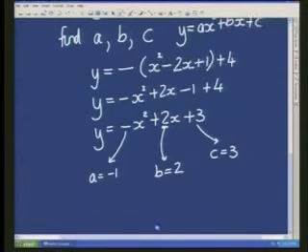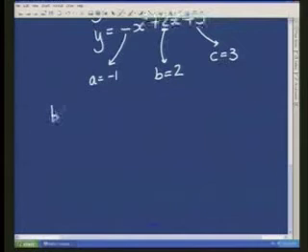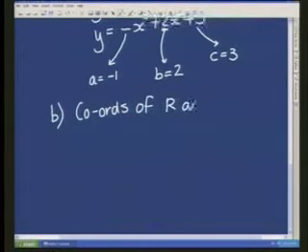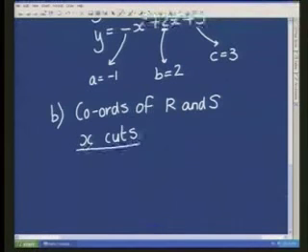What was the next question to do with this parabola? The coordinates of r and s. Now, if you remember, the coordinates of r and s were the x-cuts. So what do you do in order to find the x-cuts of a parabola?